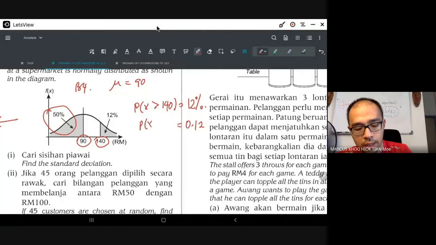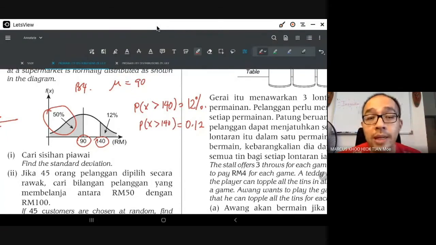And so we have this situation once again where the probability is already given. So we're talking about the table going from right to left. Very normal situation. We've done this many times. Let's go.